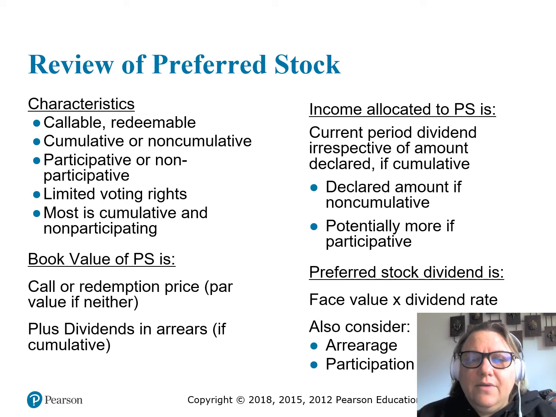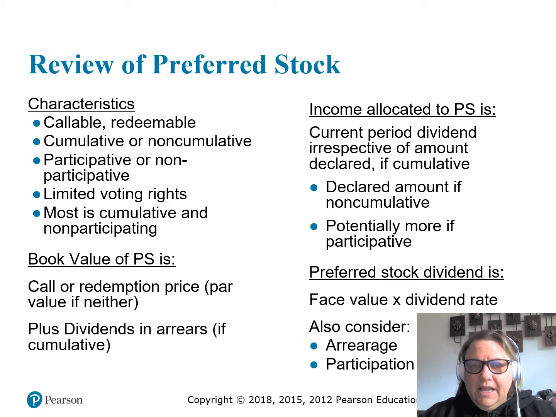The other thing that you have is cumulative or non-cumulative. With cumulative, you have a certain percentage listed on the preferred stock certificate every year, and when the dividends are issued, you're supposed to pay out a portion of that dividend at that percentage. That's why they're supposed to get a yearly rate for the dividends.